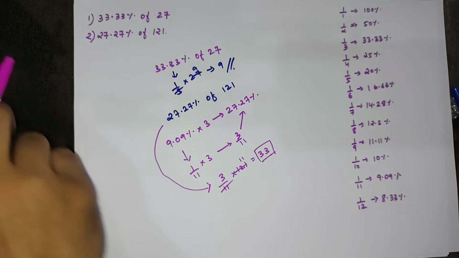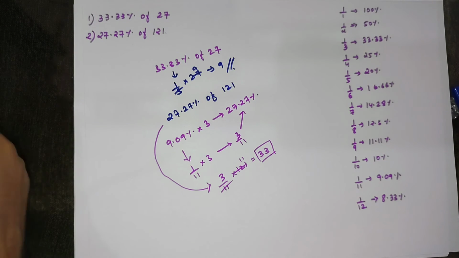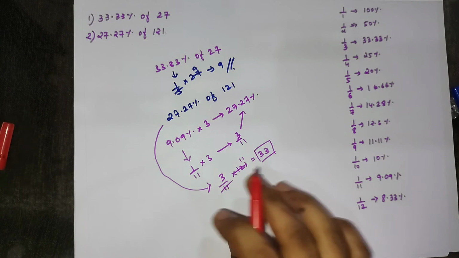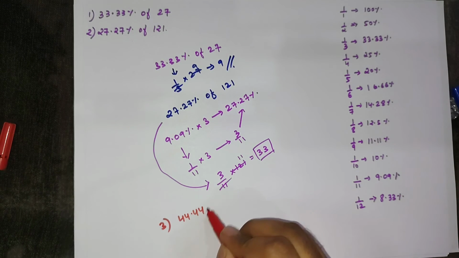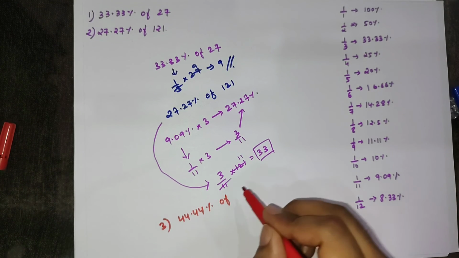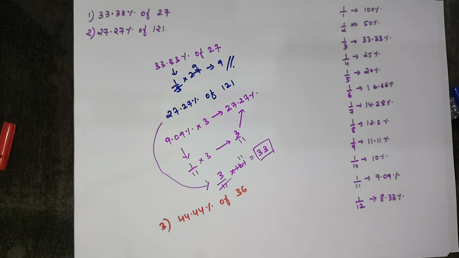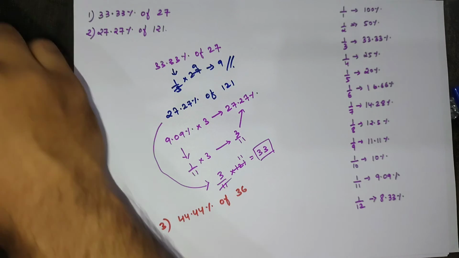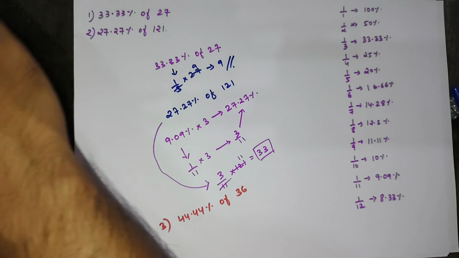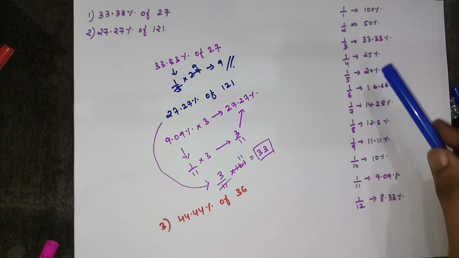What if I ask one more question? The third question is: what will be 44.44% of 36? Can you solve this? Let's try to solve it. The moment I say that we need to find 44.44%, we look at this table.